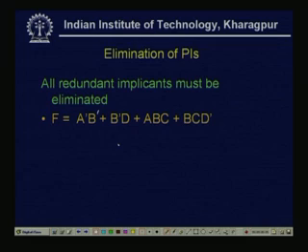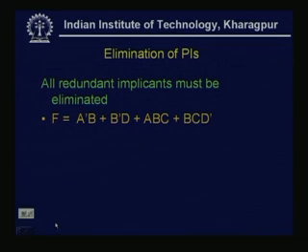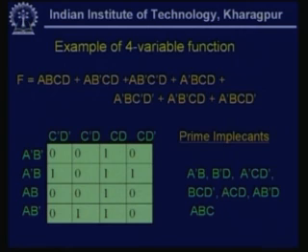So, actually we have eliminated some of the implicants. Only 4 prime implicants have been considered out of these 7. So, 3 are redundant. So, normally we follow this rule.